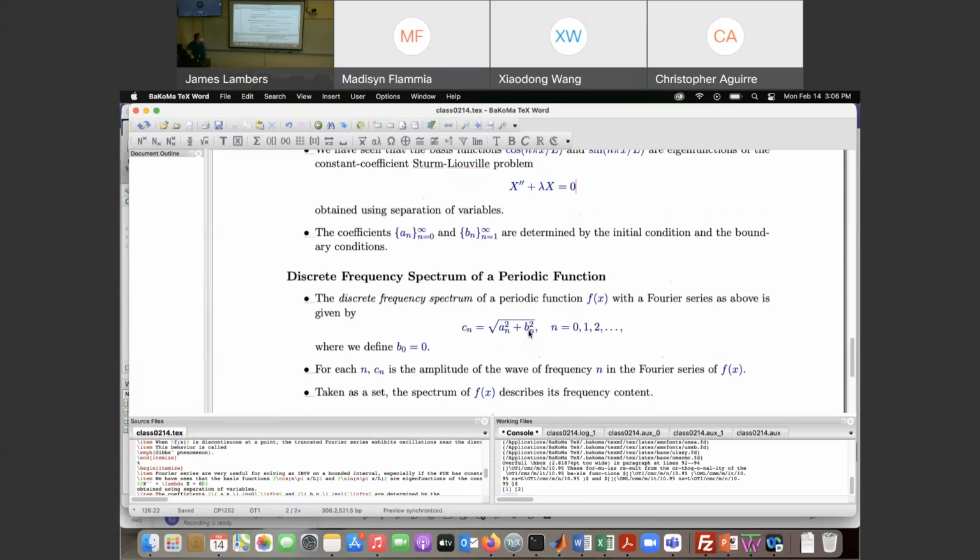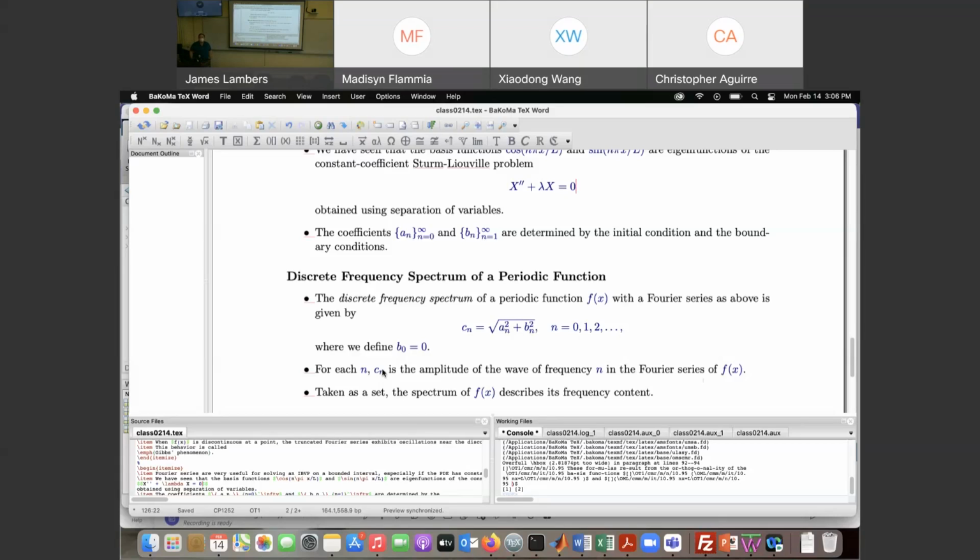And the significance of the discrete frequency spectrum is that you can think of f of x as a sum of waves of frequency n. So we index n from sine n pi x over L, or cosine n pi x over L. Then Cn gives the amplitude of that wave. So this can give you an indication of your function's frequency content.